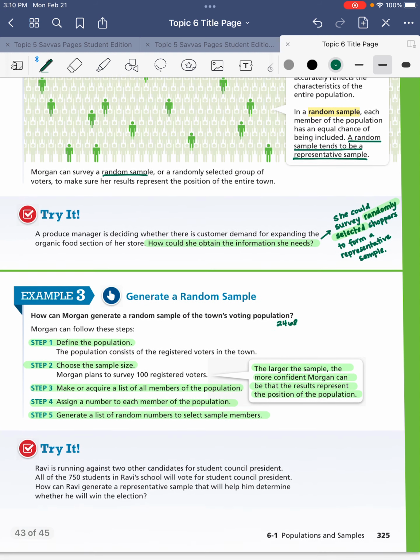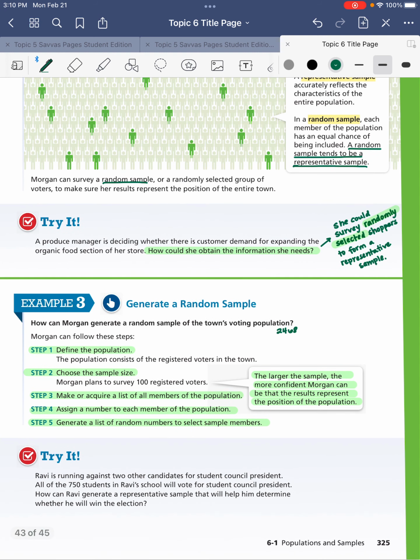Okay, let's look at this, try it. Ravi is running against 2 other candidates for school council president. All of the 750 students in Ravi's school will vote for student council president. How can Ravi generate a representative sample that will help him determine whether he will win the election? Okay, well, he cannot survey all 750 people. That would take too long. It would be too difficult.